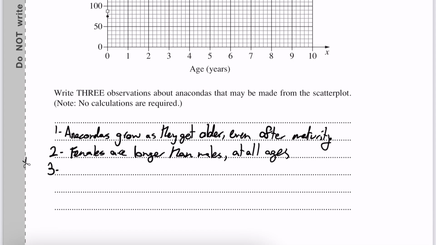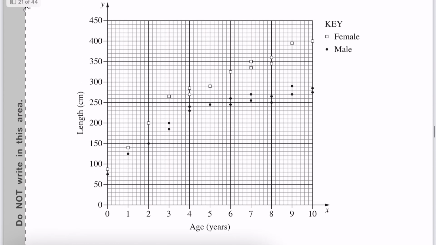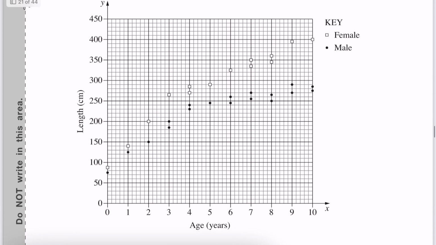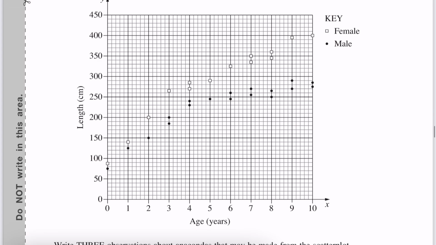And a third observation that we can make could be a little bit more involved to recognize, but it's to do with the rate of increase. So if you look at how fast females are growing, they're growing faster than males.